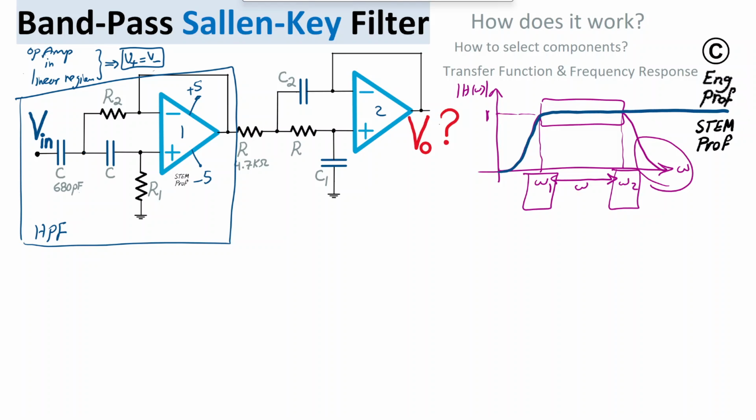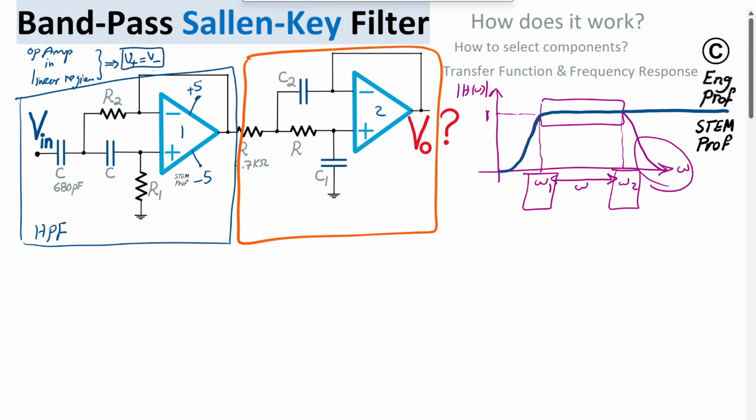And the second stage, if I show it with a different color, say for instance the orange color. So if this is my second stage, that's another Sallen-Key topology implementation, but because of the way things are wired, we are realizing a low-pass filter here. So it's as if the second stage is taking care of this portion.